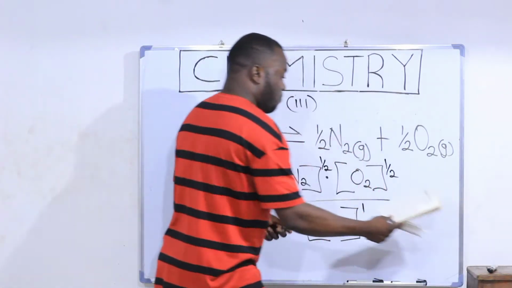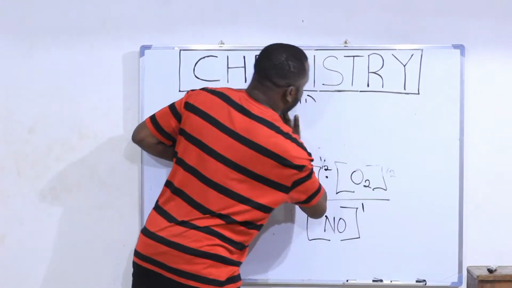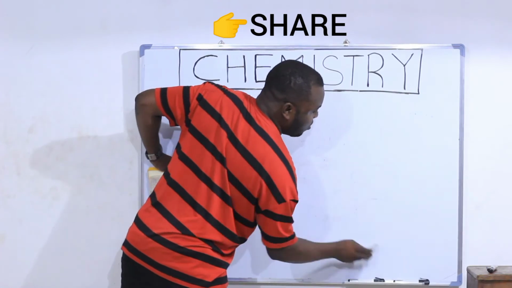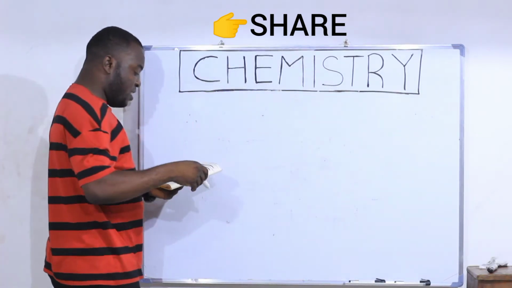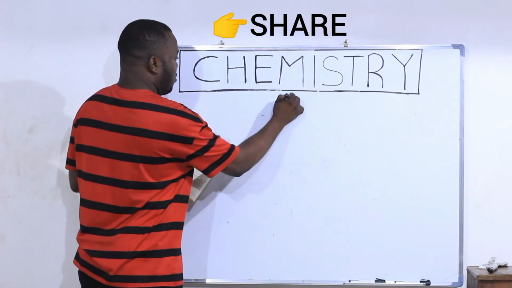Quickly look at number 4. There are 7 of them here. So let's quickly look at number 4. Number 4 says, write the expression for the equilibrium constant for this reaction.